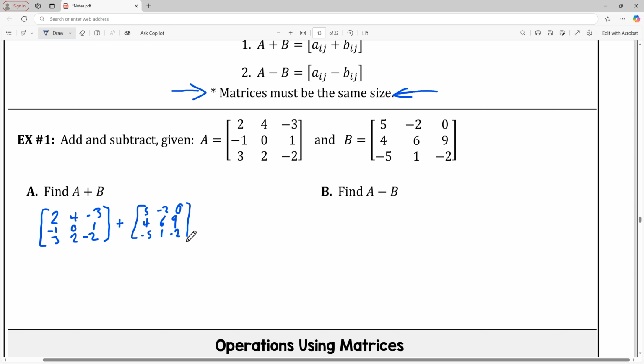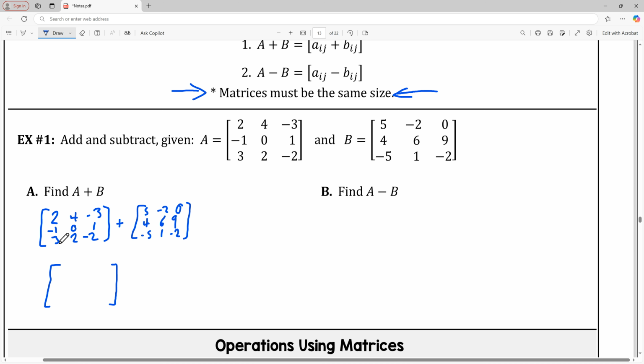To add these matrices together, all you have to do is add the elements that are in the same position. So for example, this is a 3 by 3 matrix, this is a 3 by 3 matrix. My final matrix down here is going to be a 3 by 3 matrix.